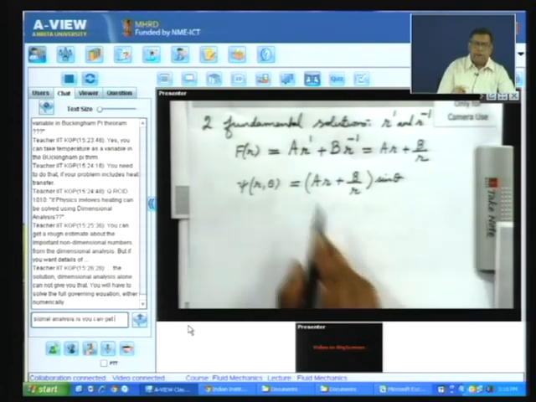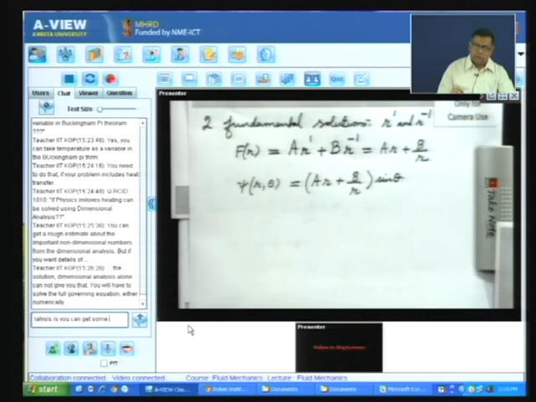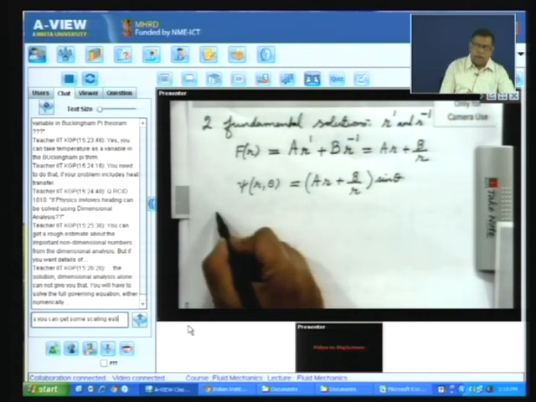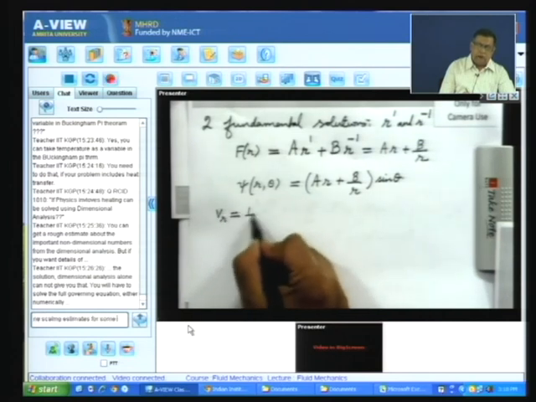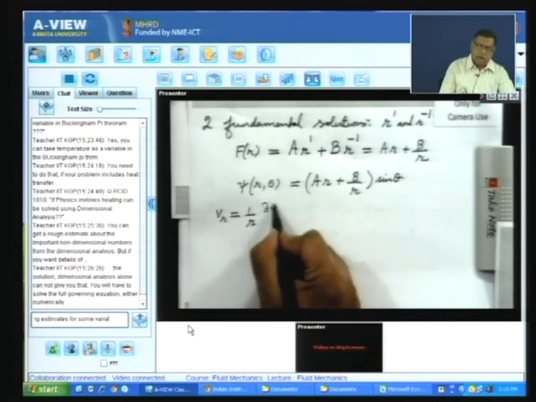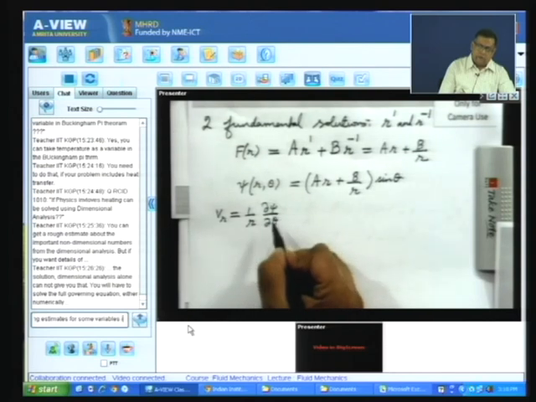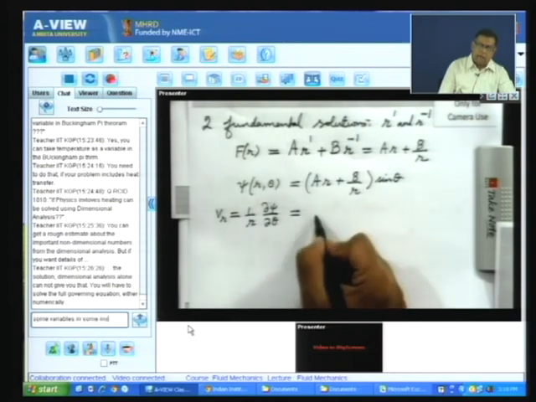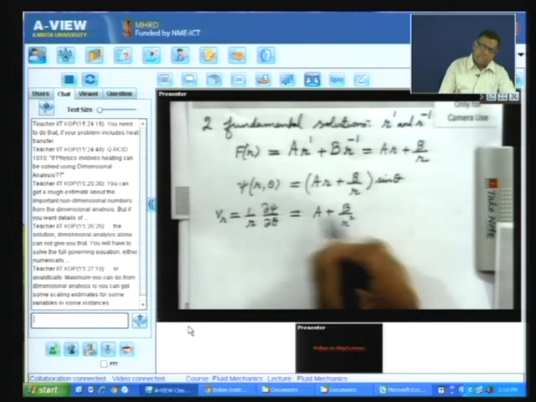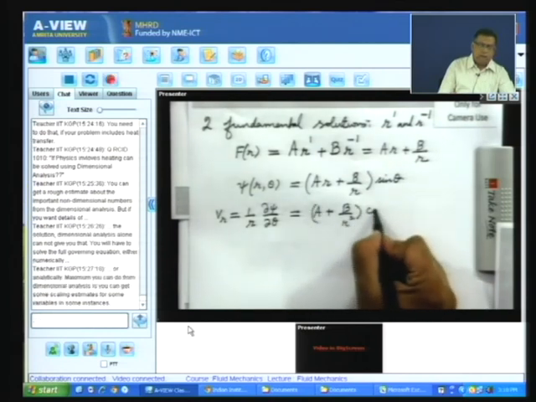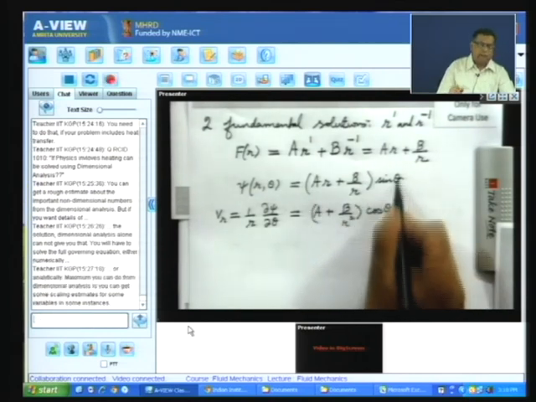Now, let us see whether we can find the constants A and B. If you look at V r, that is 1 by r del psi del theta. If we divide by r, this becomes A plus B by r squared, cos theta. This cos theta is coming when you differentiate sin theta.